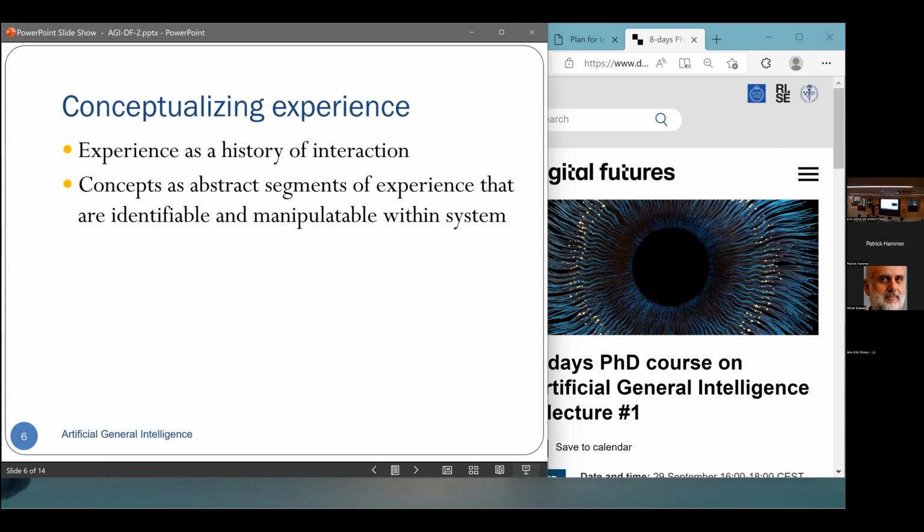So what is a concept? Here we begin to be different. Our opinion about experience is not that special, but our opinion about concept is very different from the current mainstream conception, especially compared to traditional symbolic AI. Think about it.